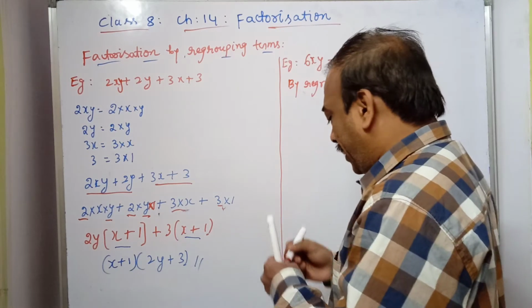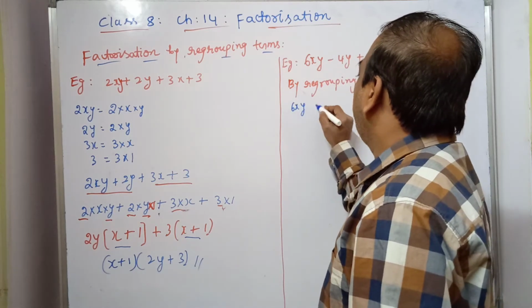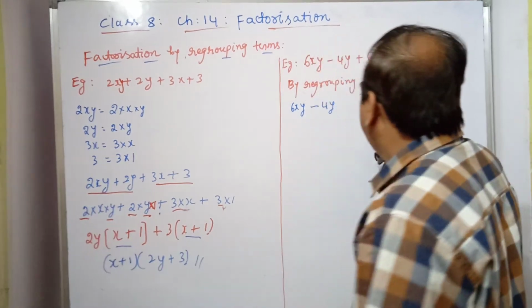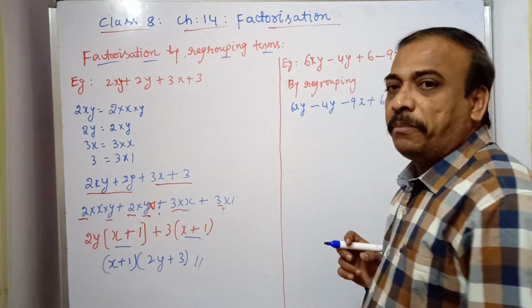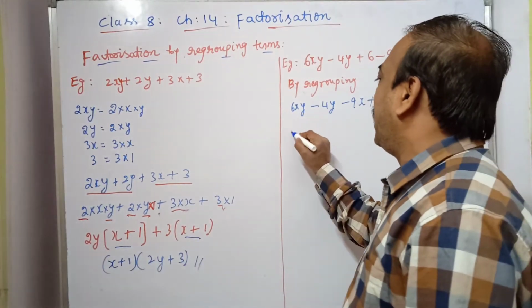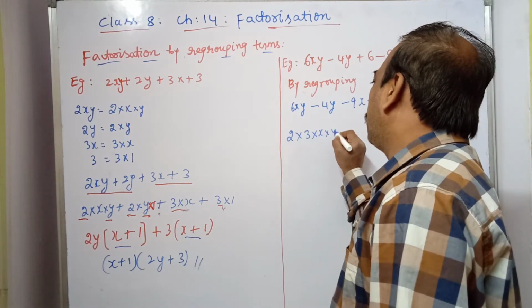By regrouping we get 6xy minus 4y, rearranging, minus 9x plus 6. Now you see 6xy can be written as 2 into 3 into x into y.